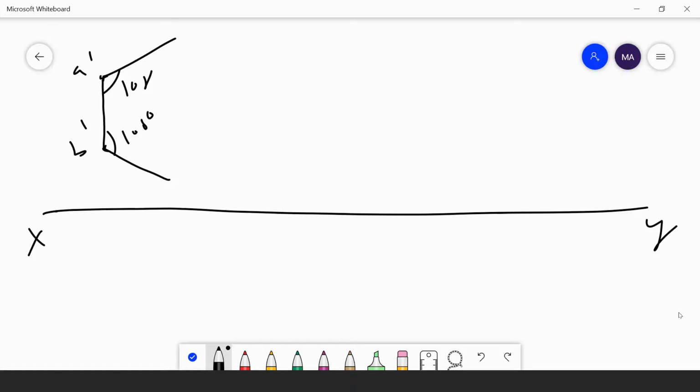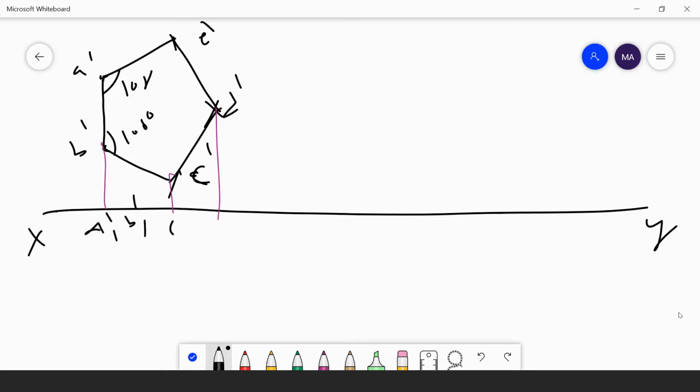Then I will cut 40 mm from here and 40 mm from here. Then I join these points: A dash B dash, C dash, D dash, E dash. Understand? Then I project these points downwards onto the reference line, and here I get A1 dash, B1 dash, C1 dash, D1 dash, E1 dash.